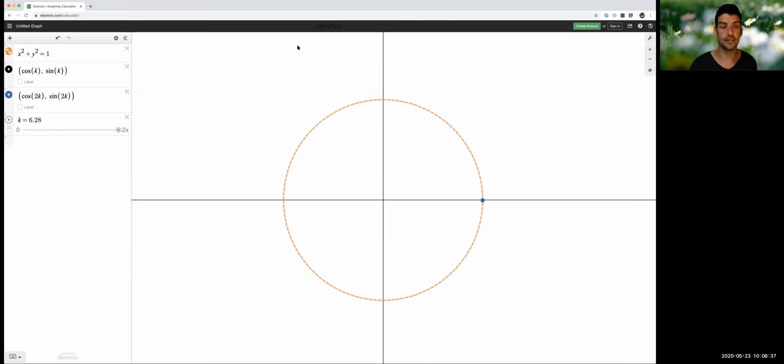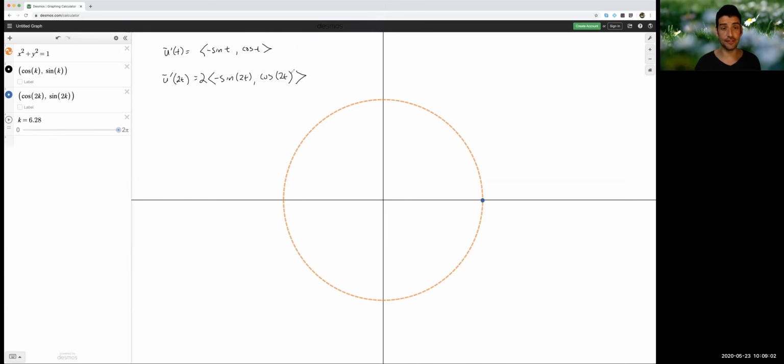So remember what our two velocity vectors were. u prime of t was just negative sine t, cosine t, and u prime of 2t was 2 times negative sine 2t, cosine 2t.